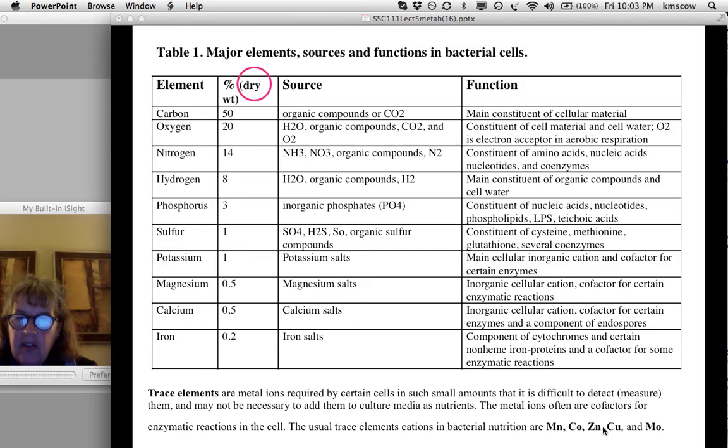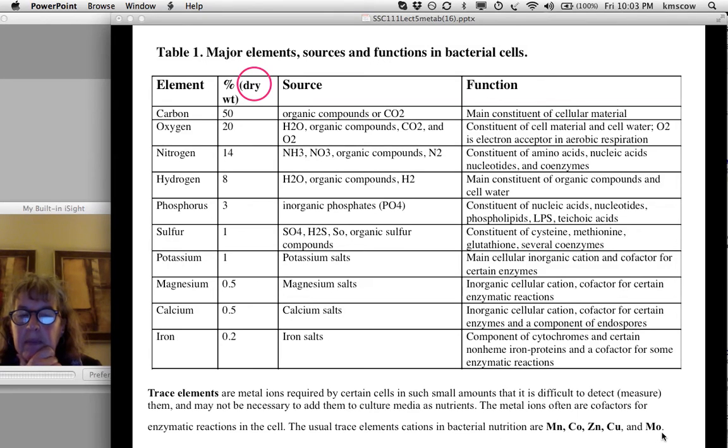And manganese, cobalt, zinc, copper, and molybdenum are an additional set of trace element cations that are also required by some microorganisms, and certain ones require these for their enzymes. For example, copper is used by some of the methanotrophs and is absolutely required for their enzymes, and maybe adding copper can increase their rates.